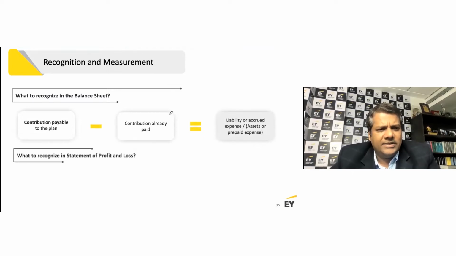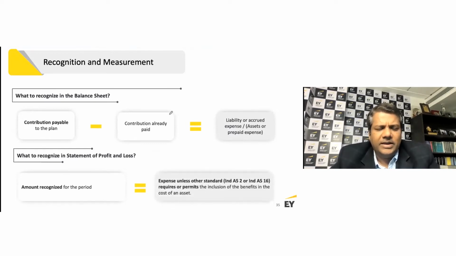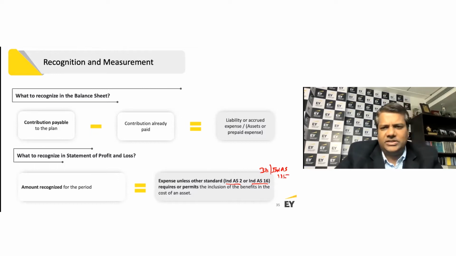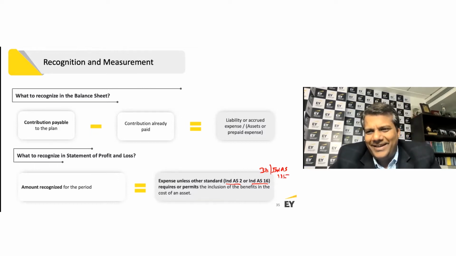In the statement of profit and loss, the amount recognized for the period equals the amount contributed, unless you've made some contribution in advance, which is extremely unlikely, or if it is eligible for capitalization, as we've talked about under Ind AS 2, Ind AS 16, Ind AS 38, or Ind AS 115. There could be multiple situations. Ind AS 115 is extremely unlikely here, but Ind AS 38, of course, is possible.